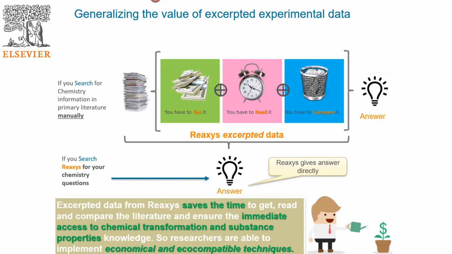And what is very important, it ensures immediate access to information about chemical transformation and chemical substance knowledge. So any researchers who use Reaxys are able to implement economical and eco-compatible techniques for the benefit of society.